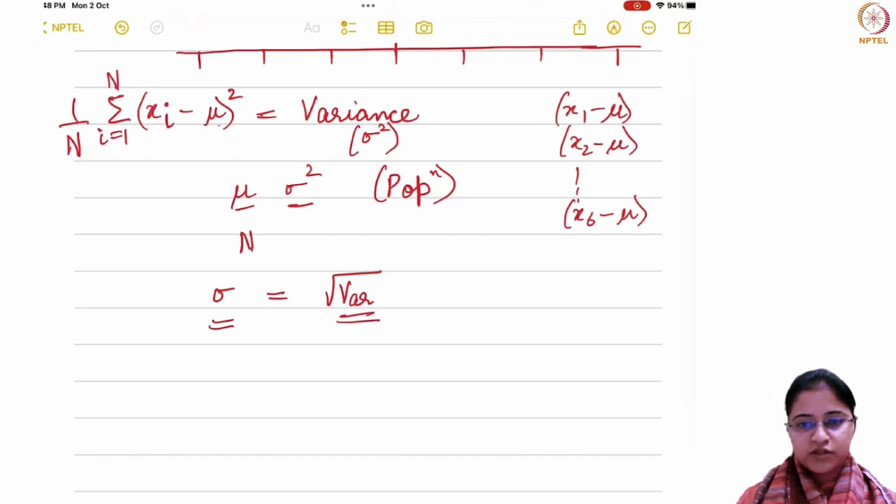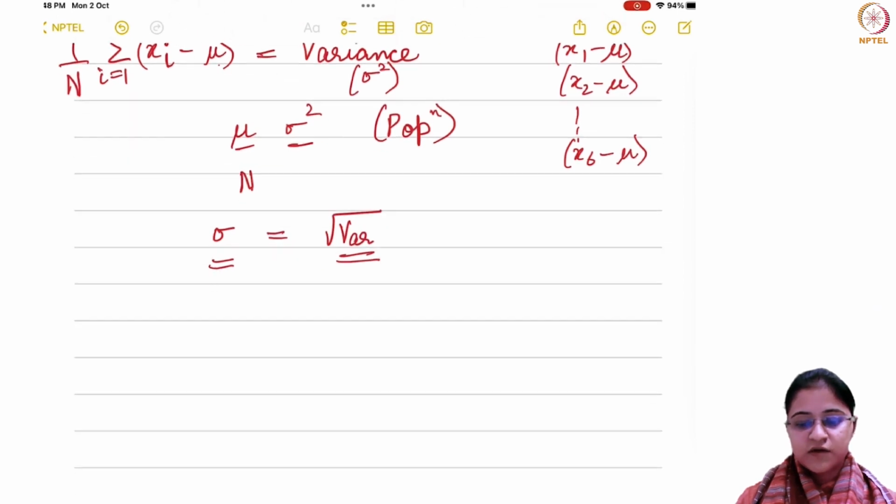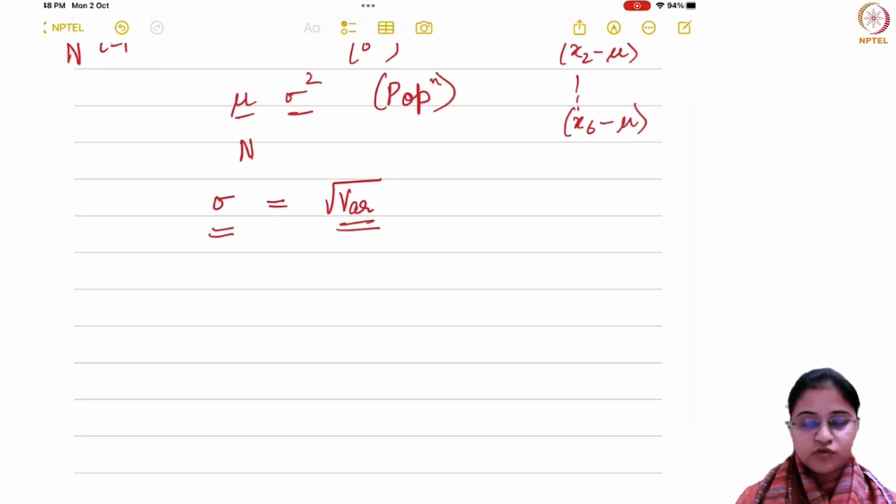And why is it important to quote sigma instead of variance? That is also an important thing to remember, because suppose you have the data points and it is the height of the individuals, measured in centimeters, so all the observations are in centimeter, and then you calculate the mean, so mean will again be in centimeter. When you calculate the variance, because there is a square over there, it becomes centimeter square.